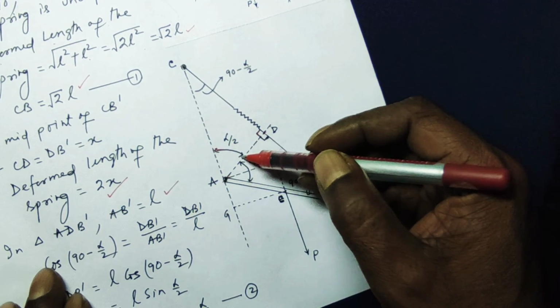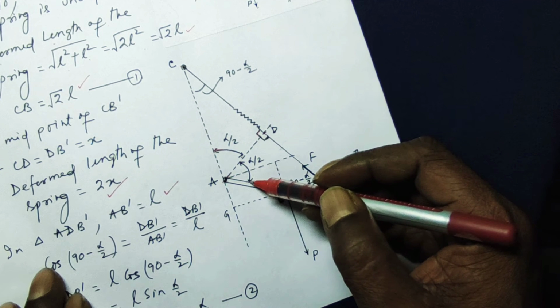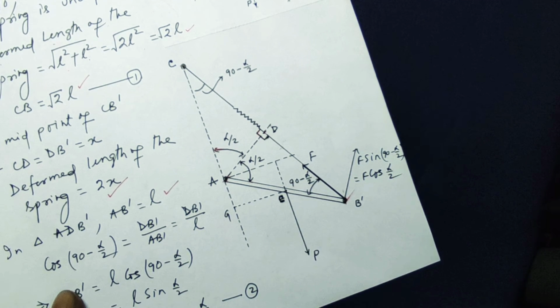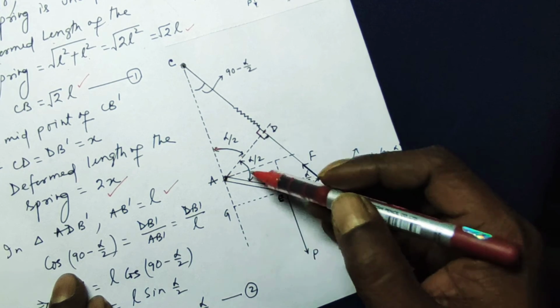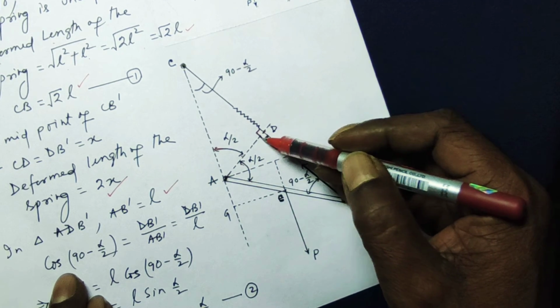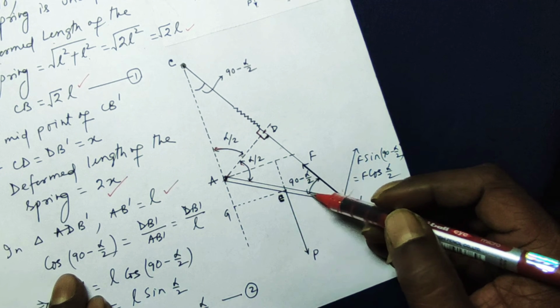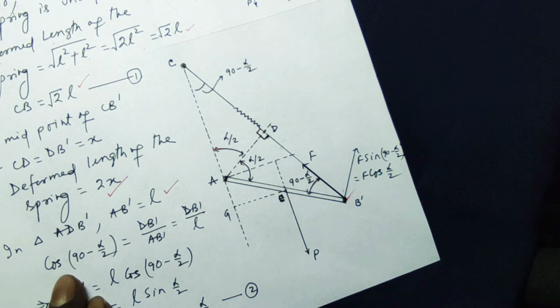So from here to here will be alpha by 2, and from here to this angle will also be alpha by 2. So in triangle ADB dash, this is alpha by 2, this is 90, so the remaining angle has to be 90 minus alpha by 2.